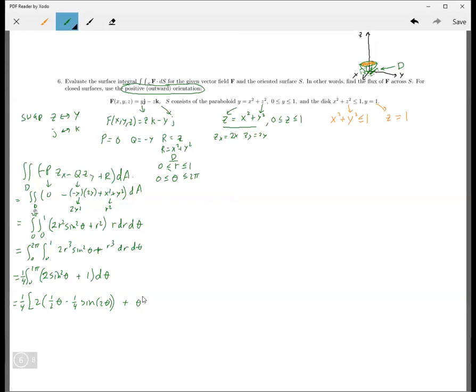Plus theta there. This goes from 0 to 2 pi. So this sine part is just going to be 0 because you put 2 pi in, you get 0, you put 0 in and you also get 0. So that's all 0, which is good. Okay, this one is going to be 2 pi. And then these cancel, so it's going to be 2 pi, plus another 2 pi from there.